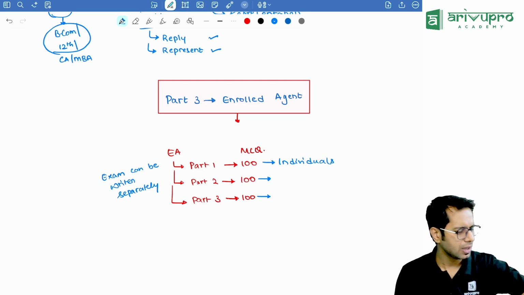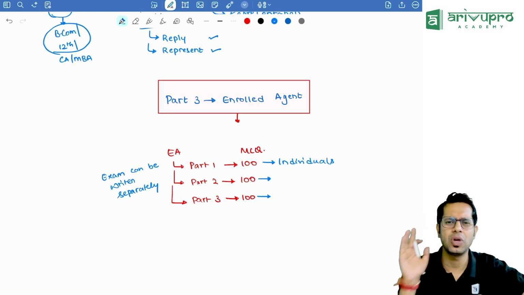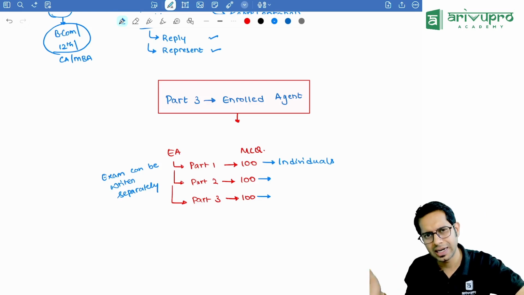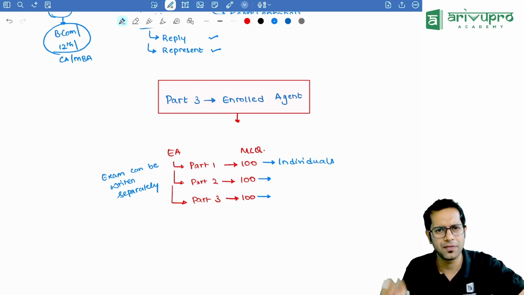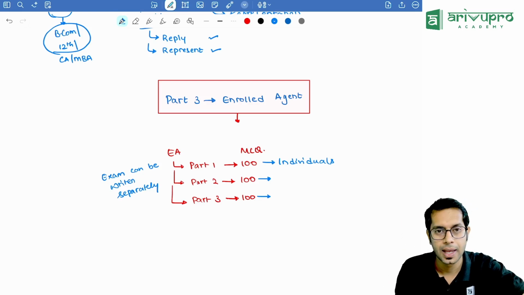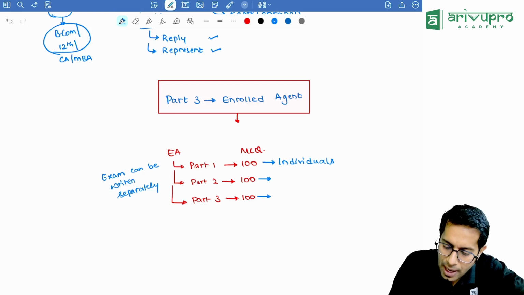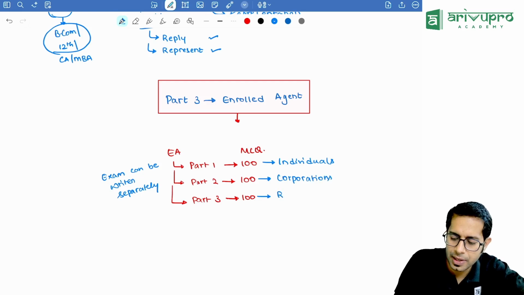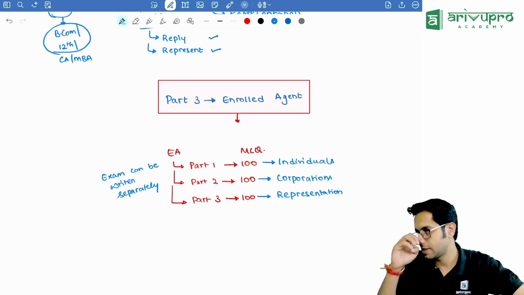Basically, in part 1 you study everything about individuals: what are the incomes, expenses, deductions, refunds, benefits, and due dates, in and out. In part 2, you are going to study about corporations. And part 3 is about representation, which I have already repeated, I think 10, 11, 12 times.